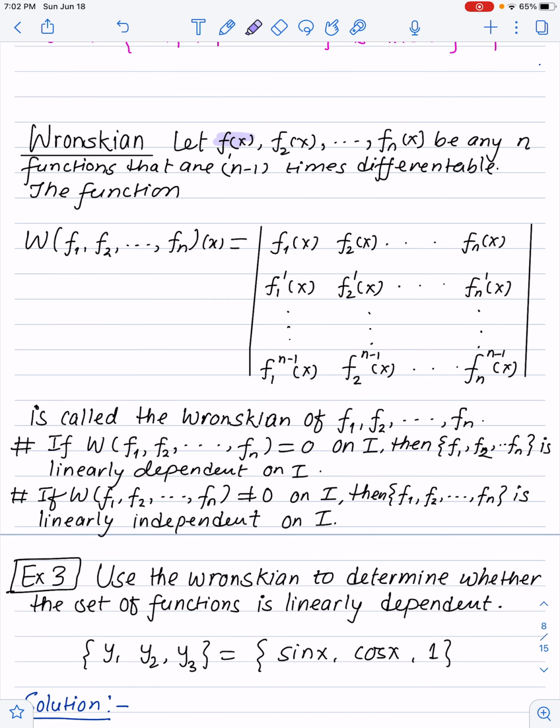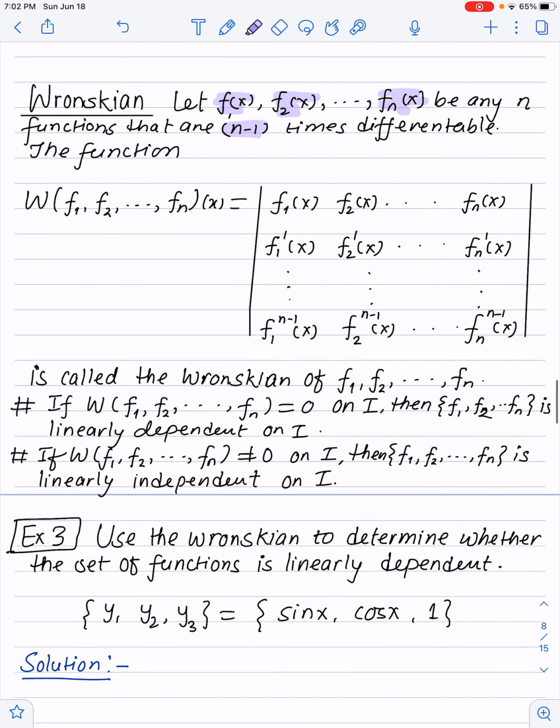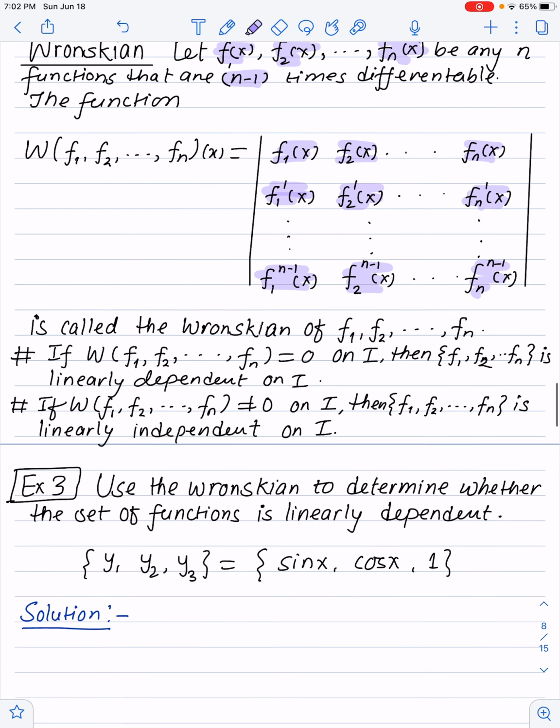Let f1(x), f2(x), and fn(x) be n functions that are n minus 1 times differentiable. Then the Wronskian of these functions is the determinant of f1(x), f2(x), fn(x), f1 prime(x), f2 prime(x), fn prime(x), and so on up to the (n minus 1)th derivative.